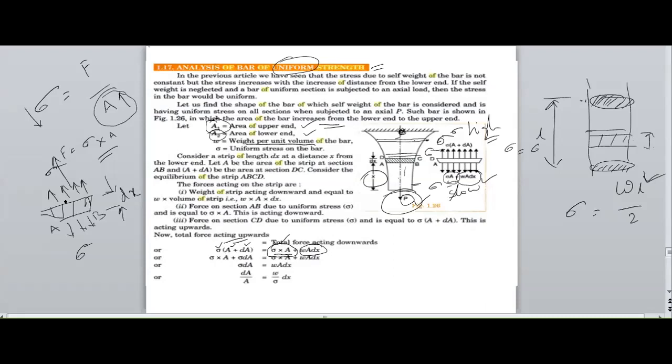The weight of the strip needs to be considered, due to gravity, towards the bottom side. Therefore, I need to consider this in the downward direction. So these are the two forces which act in the downward direction.